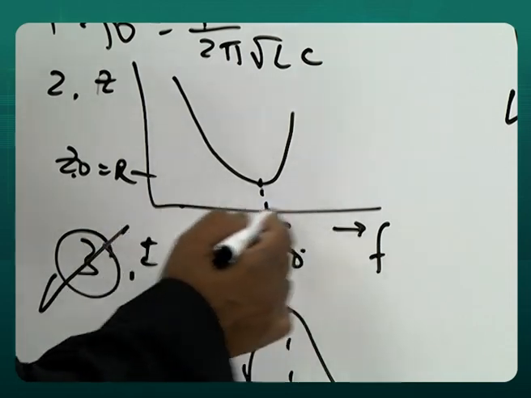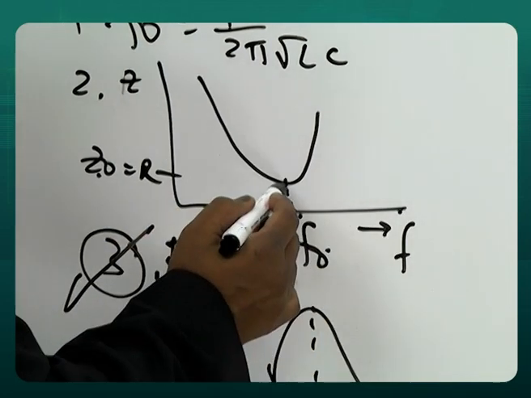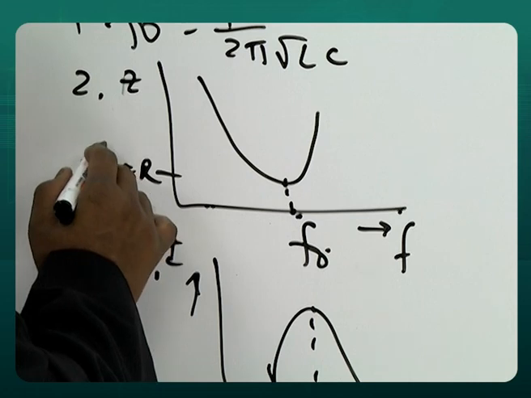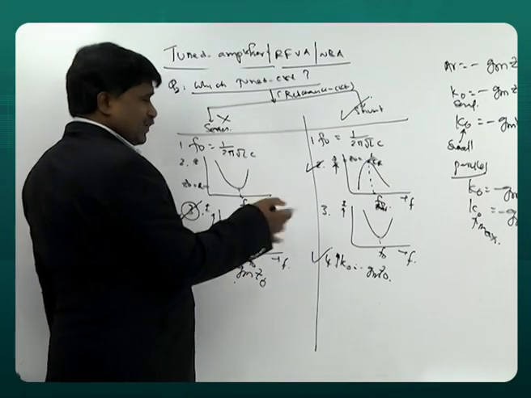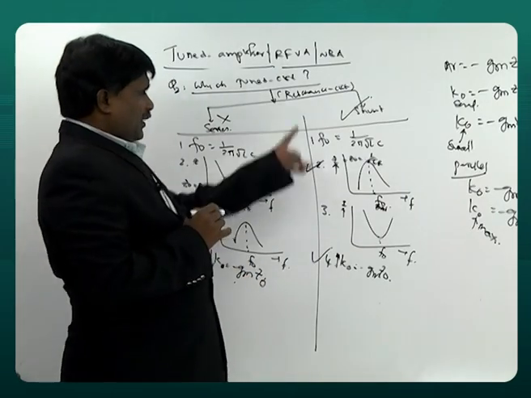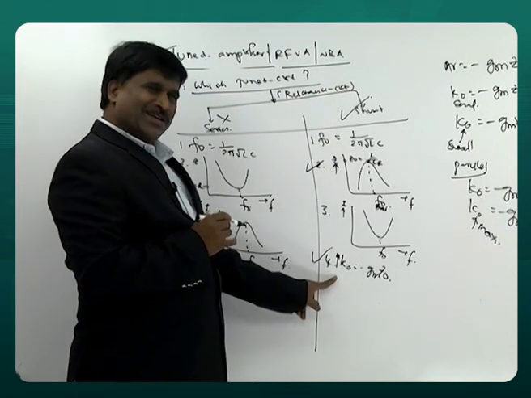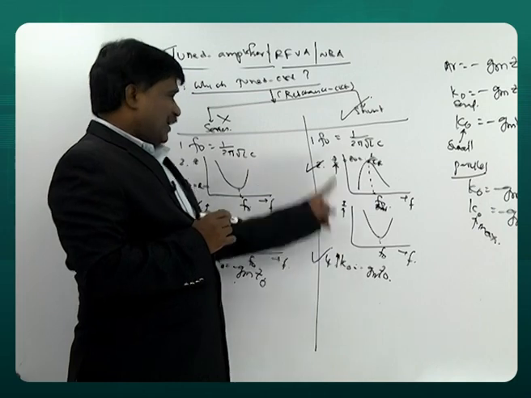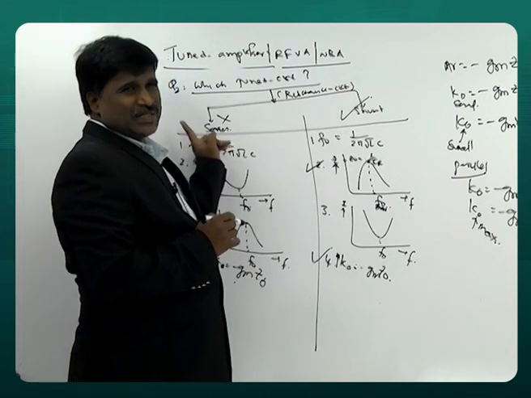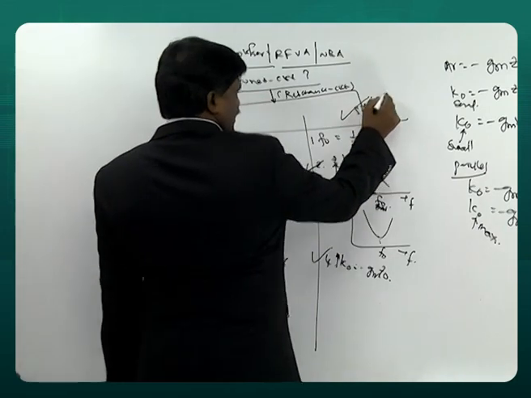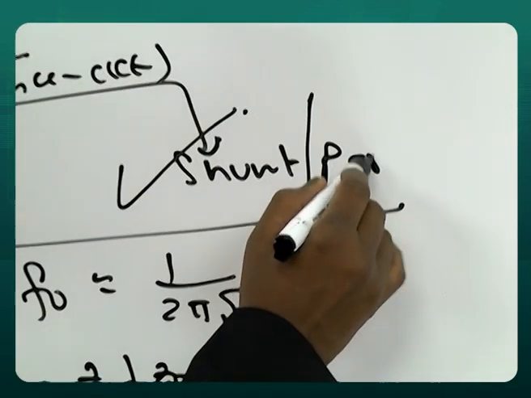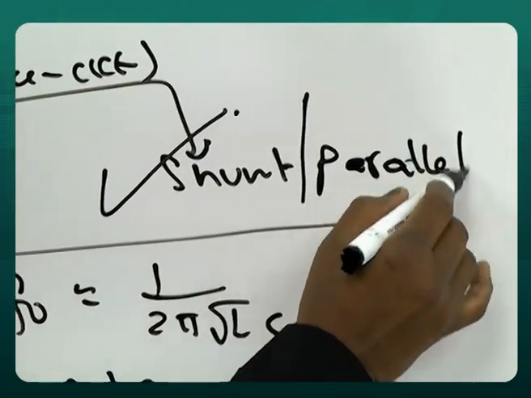With a lot of difficulty, you have gone for tuning, but after tuning, this impedance is less, therefore gain is less, it is bad. That's why parallel resonance gives more resistance and more resistance gives more gain. Therefore, parallel resonance is preferred to series, because the shunt resonance circuit is also called parallel resonance.